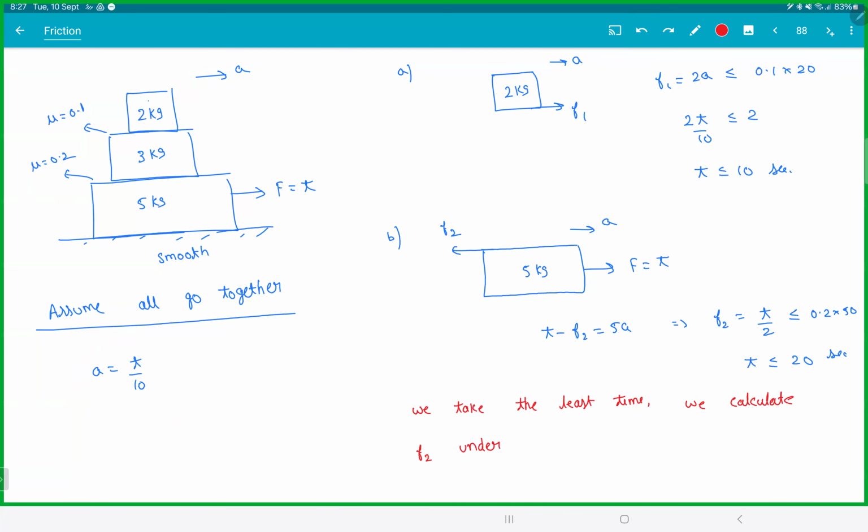The reason you calculated A is equal to T by 10 was under the assumption all three were going together. But at the 10th second, 2 kg slipped. Meaning the equations for the 3 kg and 5 kg are wrong. I hope you're getting it. So under the assumption all were going together, the F2 calculations are gone.